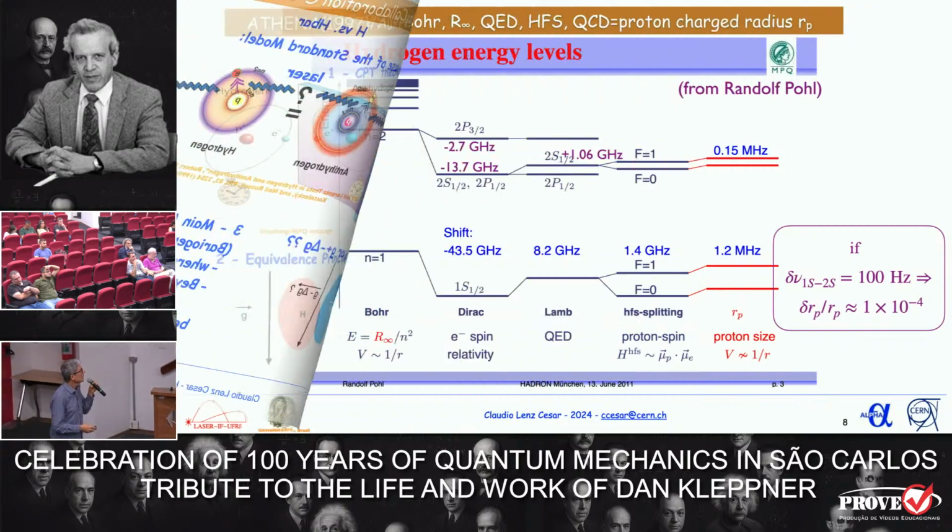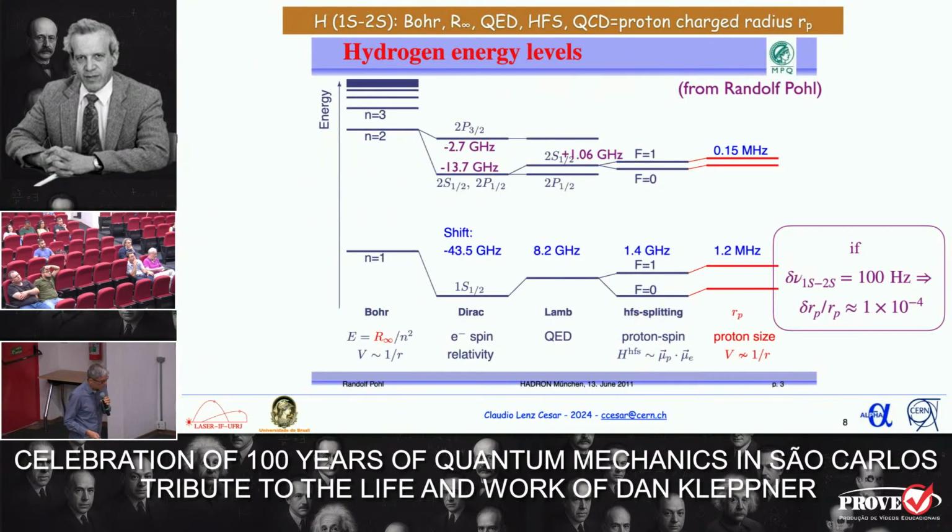Okay. Let me show you a slide from Randolf Pohl, who also worked with Ted Hänsch in this measurement. The 1s-2s transition. If you just do the Bohr theory, this is the distance between the levels. If you include the Dirac equation, then you get shifts on these levels.